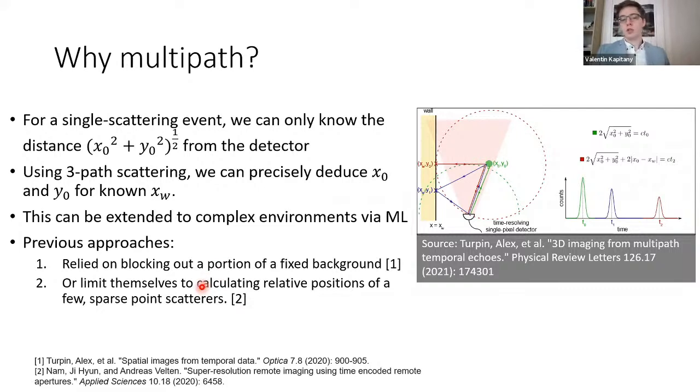The second option is to limit yourselves to calculating the relative positions of a few sparse point scatterers in a narrow illumination field of view. However, we are looking to image more complex scenes where the second approach would fail.